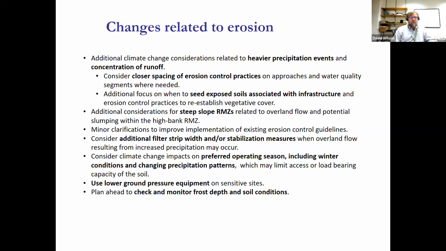I mentioned some minor clarifications and potentially additional filter strip width and or stabilization measures could be in order in certain conditions. Oh, I see that there's a question about what is an RMZ. That's a riparian management zone. So within the wetter area on the transition from a wetland or a water body to terrestrial habitat to forest, upland forest.